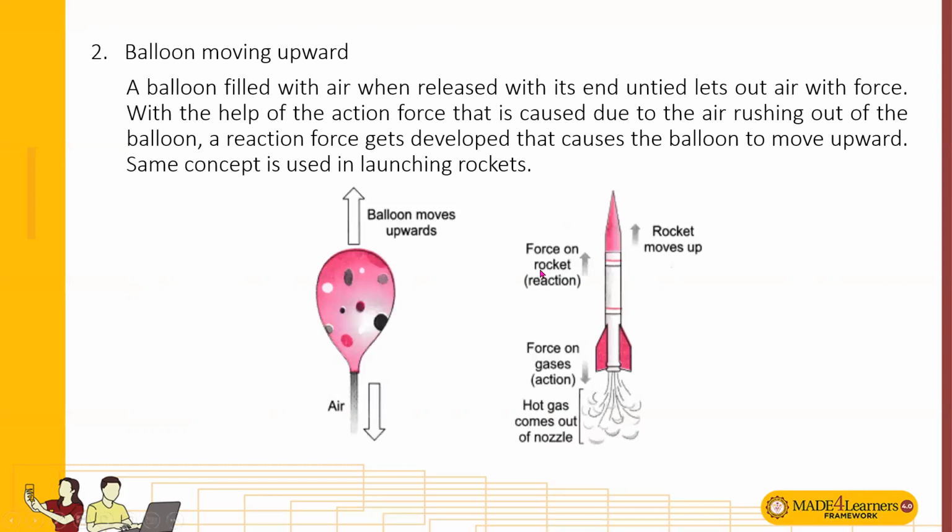The rocket will move upward because the force on the rocket is the reaction of the force on the gases. Hot gas comes out of the nozzle, so there's a force downward. So the reaction would be a force upward, in the opposite direction, causing the rocket to move upward.